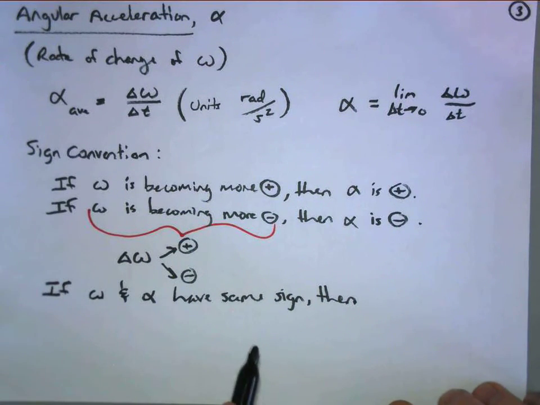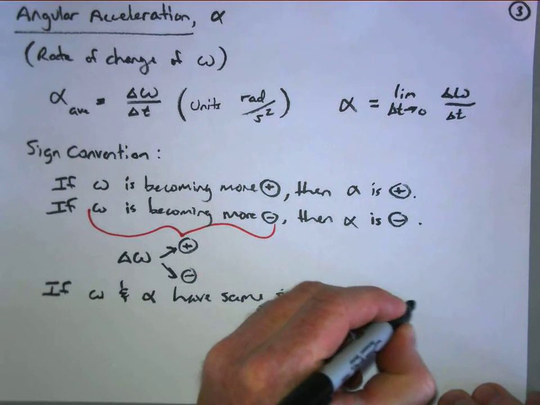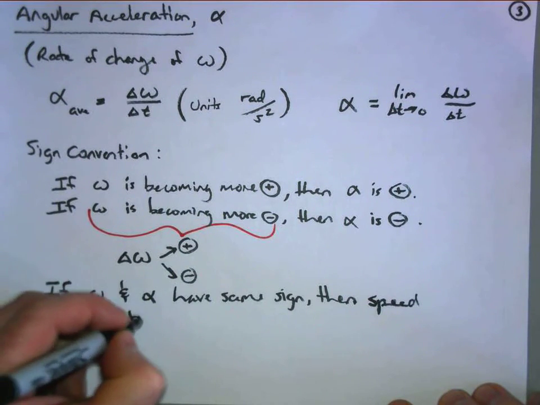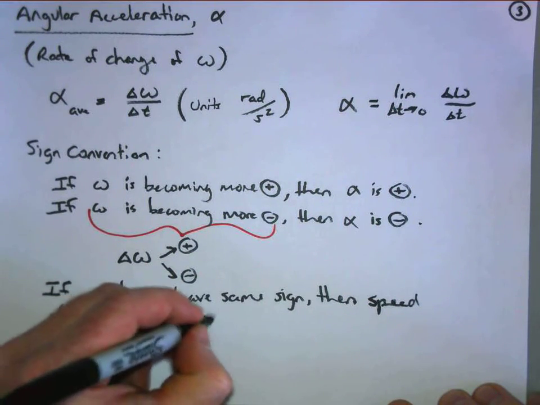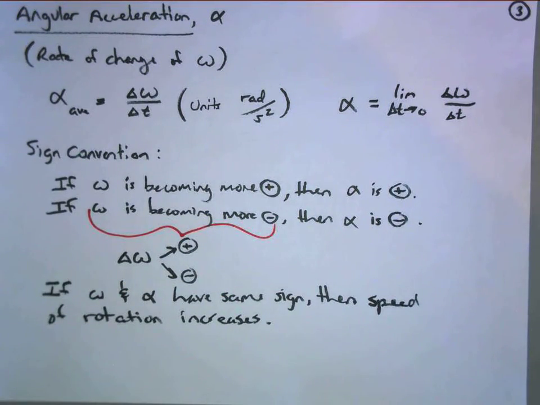If they have the same sign, the speed of rotation increases. It speeds up. Think back to when we were studying linear motion. If the velocity and the acceleration have the same sign, the object, maybe it's a car, would be speeding up. If the velocity and the acceleration have opposite signs, then the car would be slowing down. Same thing is happening here.